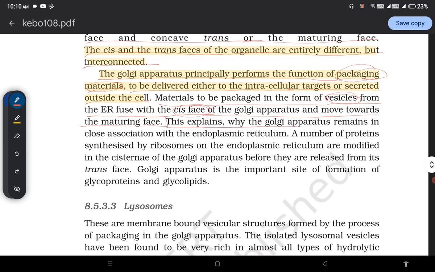This explains why the Golgi apparatus remains in close association with the endoplasmic reticulum.